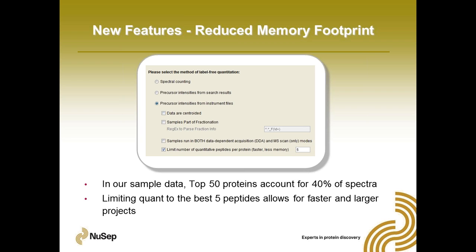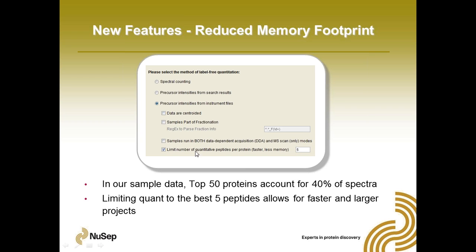So for most of the data sets that we see come in-house, the top 50% of your proteins account for 80 to 90% of your total spectral load. So most of the computational time is spent quantifying proteins that you don't necessarily care about their ratios anyway, because they're known, they're not changing, they're well abundant.